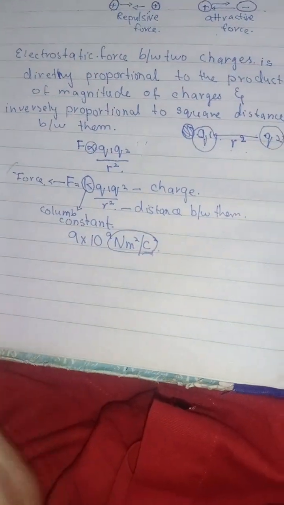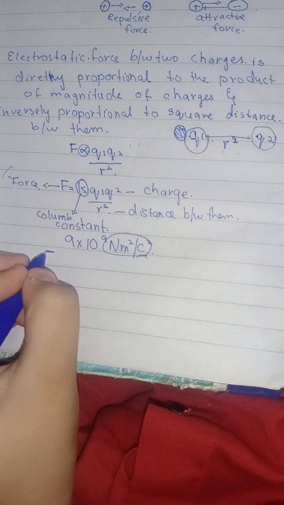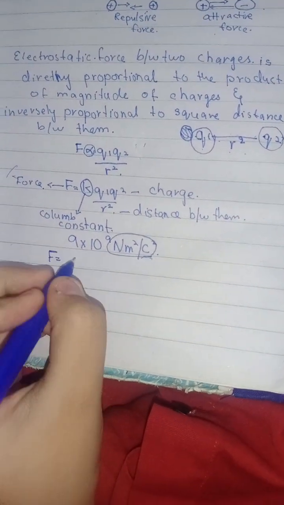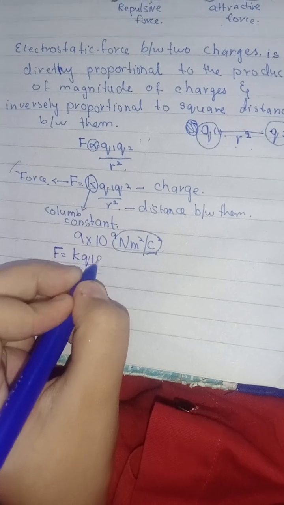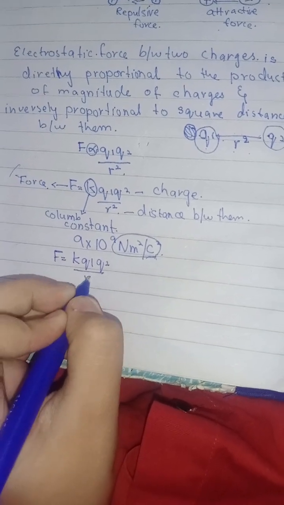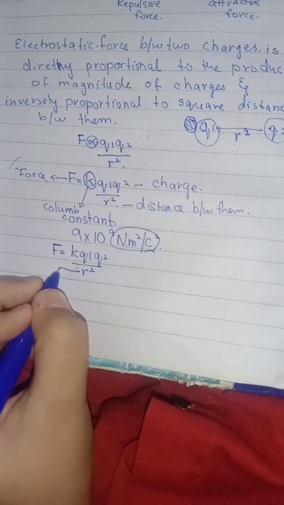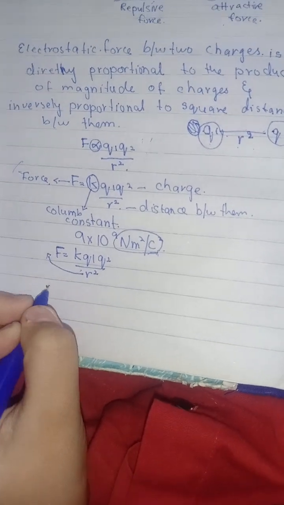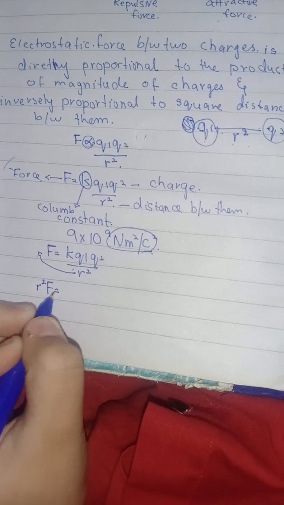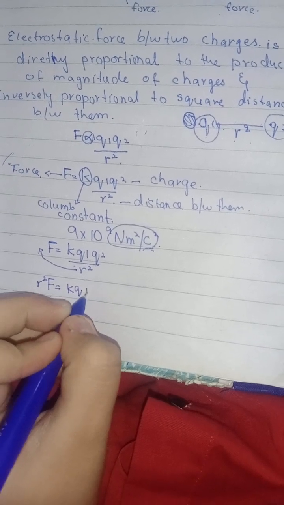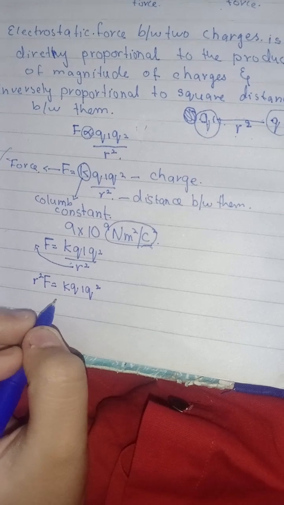Now let's see how this unit came. Let's take the formula of Coulomb's law: F is equal to K Q1 Q2 upon R square. Here R square is dividing, so it will be multiplied: R square F is equal to K Q1 Q2.